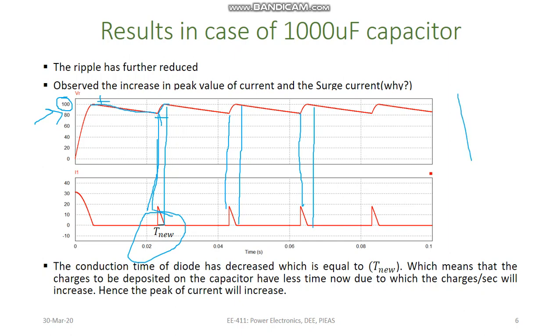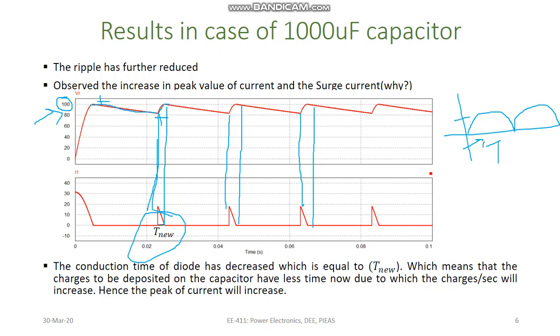So you can see that previously the time period T old was large. We had a greater time period T old, and the value of the current was low.